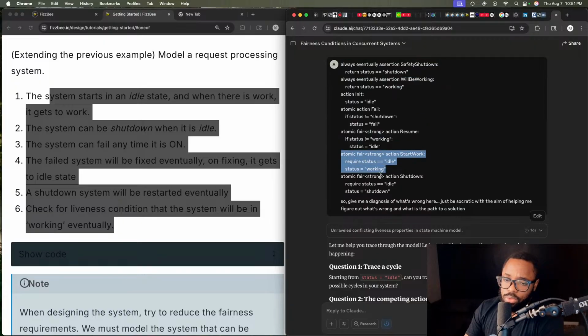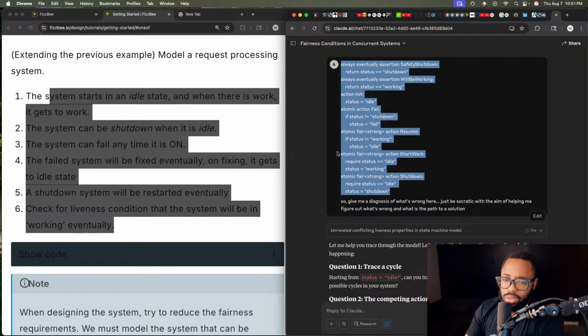I don't think you can go from working to shut down ever, or at least directly. And if that's the case, the model can conveniently also arrange that we never see the shutdown path. I think it comes down to that, right? The fact that the model can choose one of these and never deviate from that.